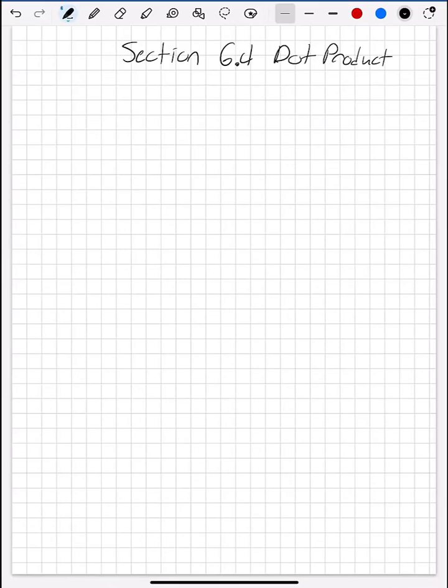All right, so now for section 6.4, we're going to continue with vectors, and we're just going to talk about another operation with vectors, and it is called the dot product.